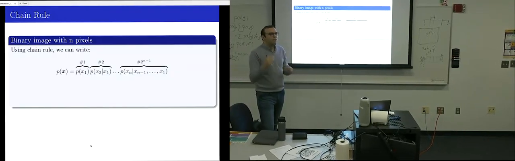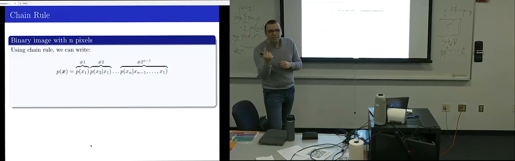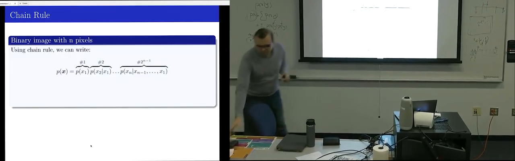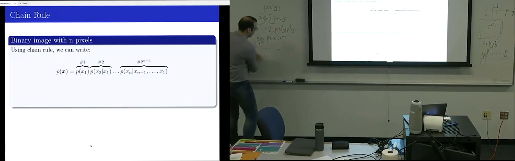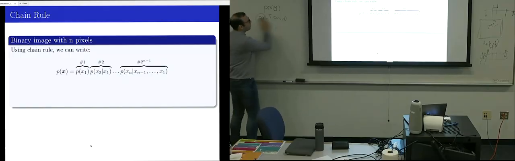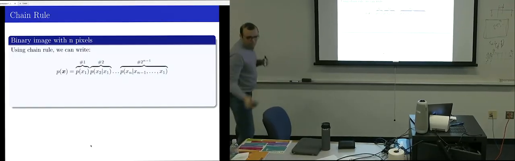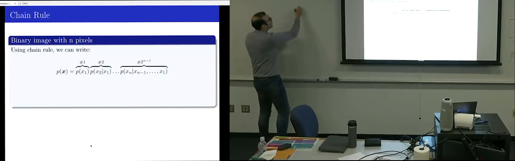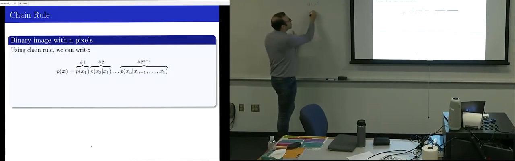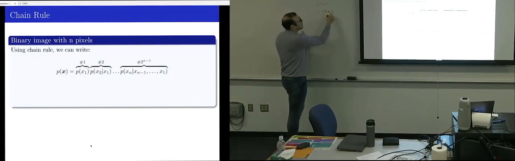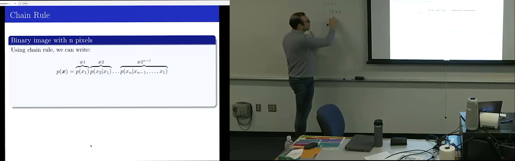The third is correlated with just the previous one. What happens in this case? I can write the whole distribution as this one. X1 has no previous, so it is alone. X2 given X1.